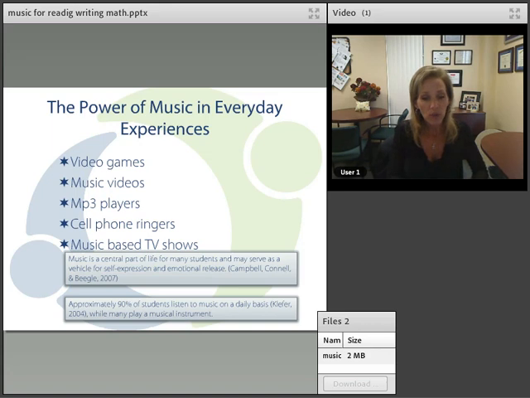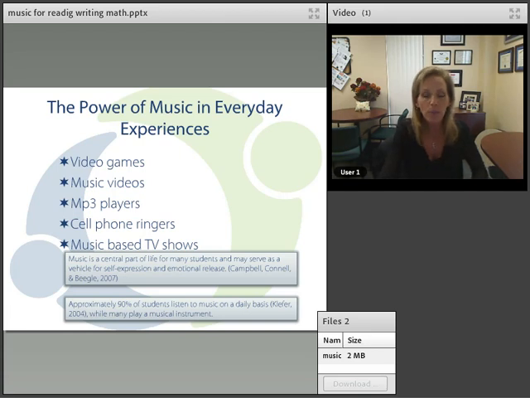And some research shows us that music is a central part of life for many students and may serve as a vehicle for self-expression and emotional release. In another study, it demonstrated that approximately 90% of students listen to music on a daily basis. And many, in addition to listening to music, also play a musical instrument.